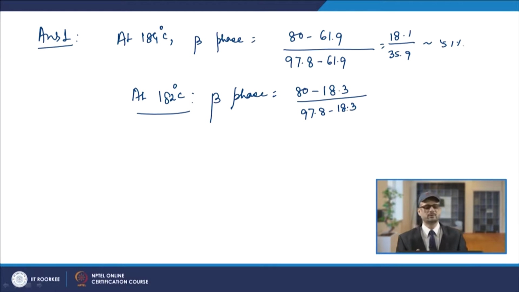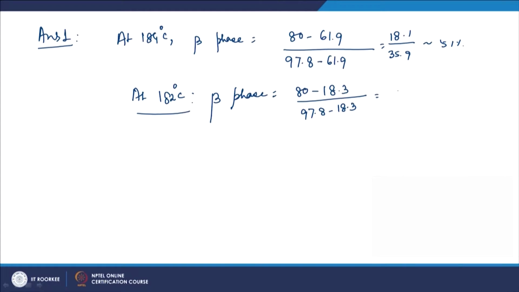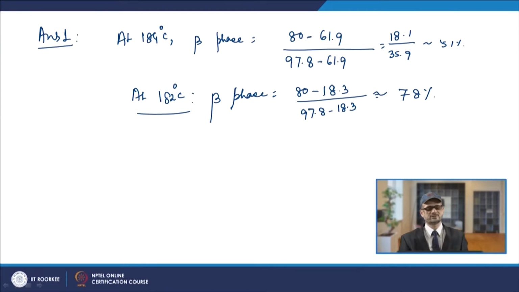So, it will be approximately 78%. This will be this distance divided by the whole distance. It will be 61.7 divided by 79.5, approximately 78%.